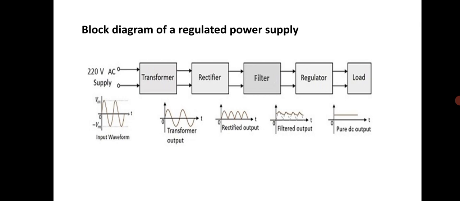The minor ripples remaining in the output of the filter are regulated by the regulator circuit, and the output of the regulator can be seen to be much smoother, a straight line, a much purer DC output. That pure DC output is fed to the load. So this is how the regulated power supply works.